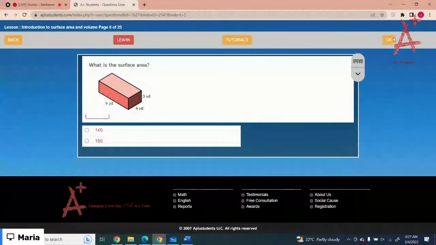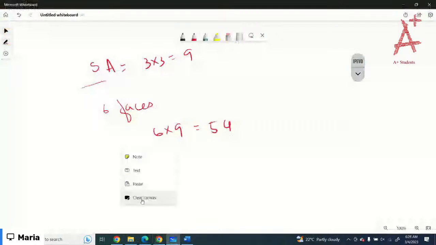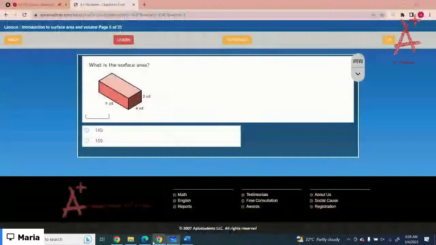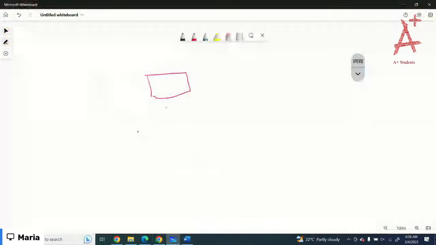Okay, what is the surface area? So to calculate the surface area of the shape, you have to calculate the surface area of each face, and each face is in the pair form. Got it? So you have to do this side. It would be 9 and 3. This is 9 and this is 3. 9 and 4.